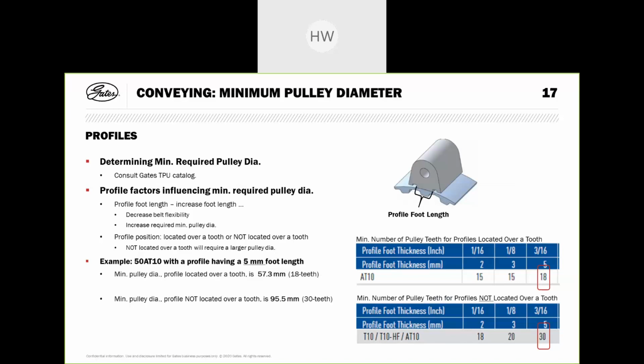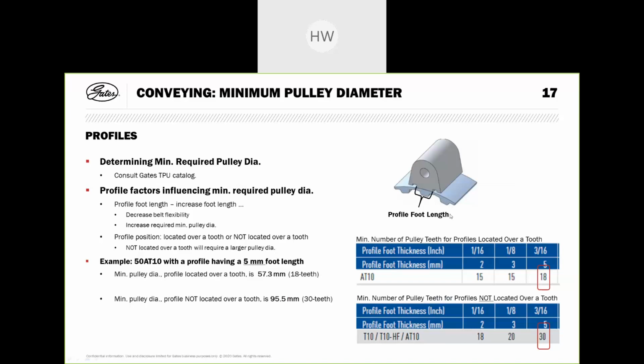If we weld a profile over the gap between teeth, we will increase the stiffness of the belt going over a pulley, and therefore we need to increase the pulley diameter.